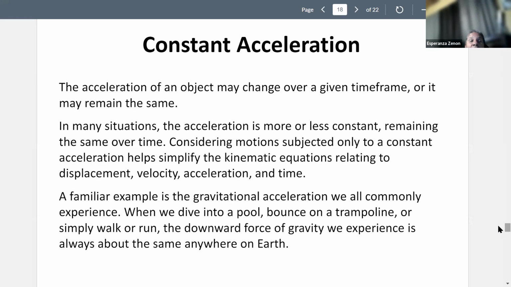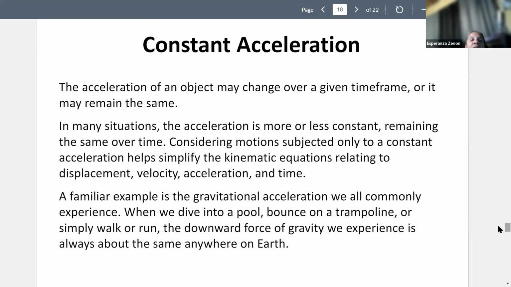Likewise, if the acceleration was negative, always the same negative value, that's what constant means, right? If the acceleration was always the same negative value, that means the object is slowing down. That also means the velocity has to change. So constant acceleration does not mean that the velocity is constant.